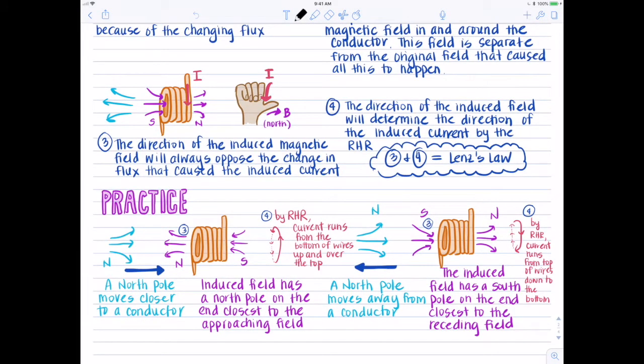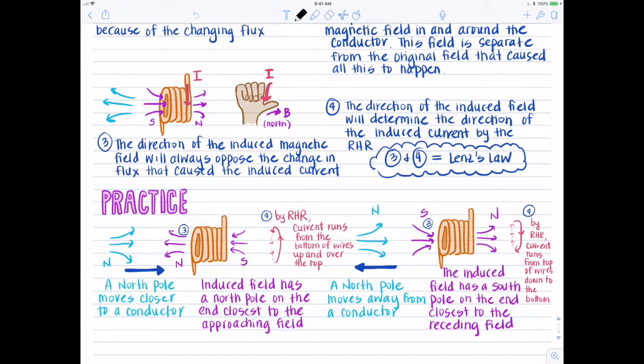Okay, starting with practice, these aren't numbered, but number 1, meaning to the left. Here we see an existing field in light blue. This is a north pole that moves closer to a conductor. If it's a north pole getting stronger, then by Lenz's law, the direction of the induced magnetic field, so the direction of the purple field lines, will oppose the change of the light blue field lines.